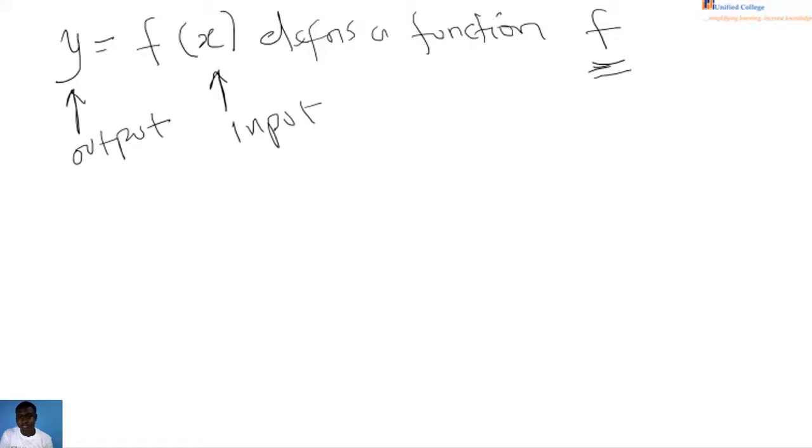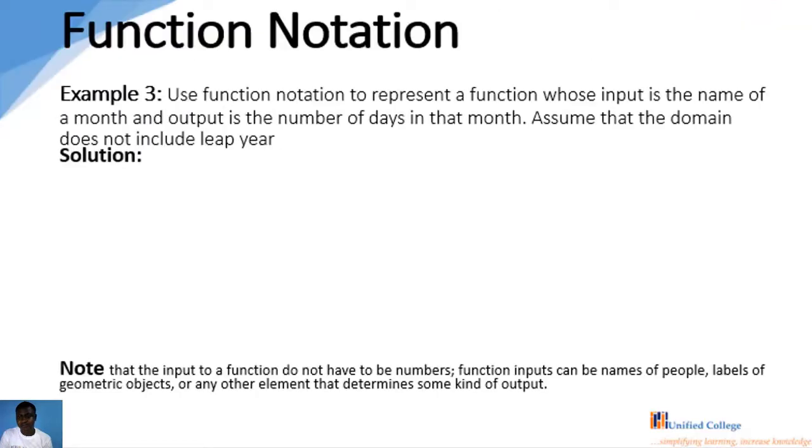Let's quickly look at an example to buttress what we have been trying to explain. Example 3, as a continuation from the last class, says use function notation to represent a function whose input is the name of a month and the output is the number of days in that month.